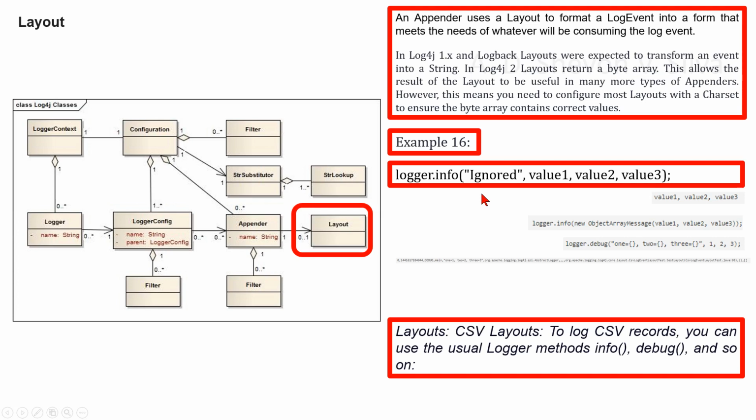The CSV parameter layout converts the event parameters into a CSV record, ignoring the message. To log a CSV record, you can use the Logger methods info, debug, and so on here, which will create a CSV record like here.